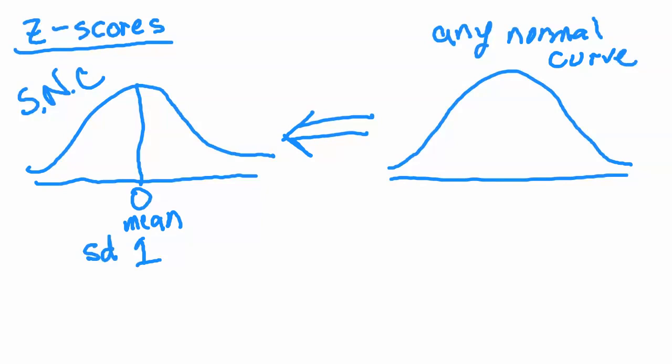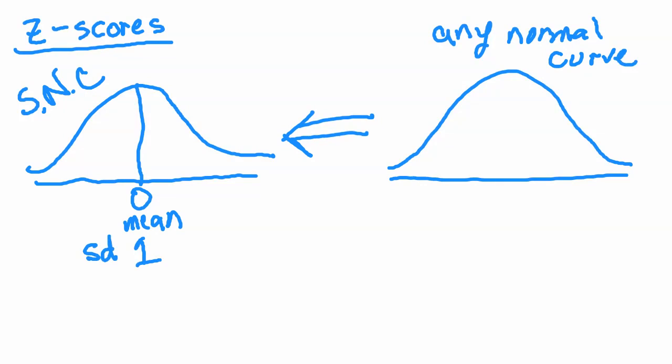Now, why would you want to do that? Well, this is just one example, and I'll do this example: suppose you have two exams. You have a math exam and maybe you have a biology exam. And they have different standard deviations and different means, but you want to compare those two test scores, to see which one you did better on.